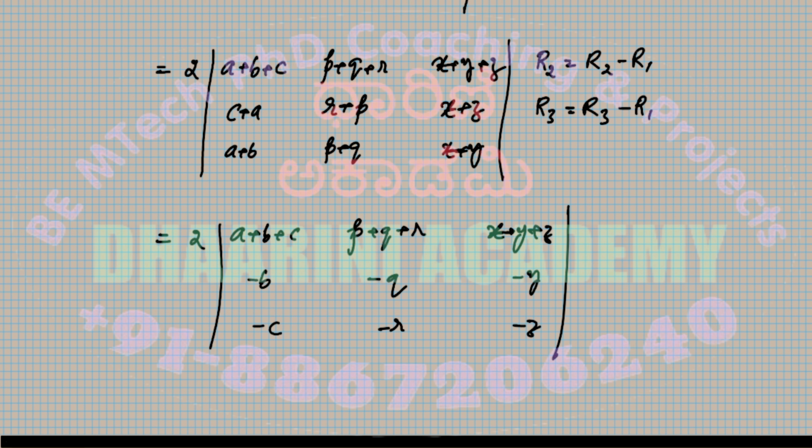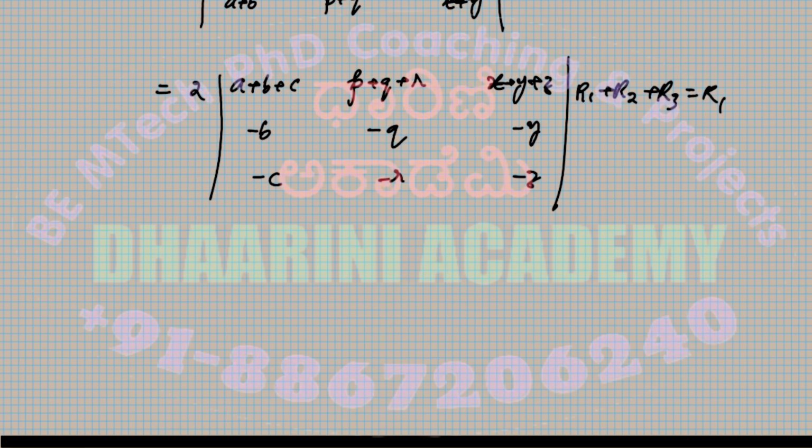Right? Now, I'll check. Can I bring a single term in the first row? It is possible. Simply add. So that is R1 plus R2 plus R3. I'll put it into R1. So R1 is equal to R1 plus R2 plus R3. So that means it is 2 times.